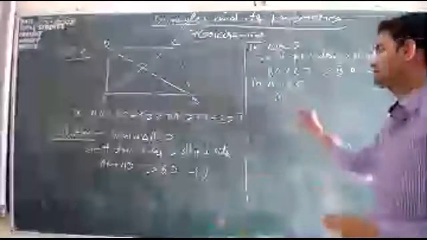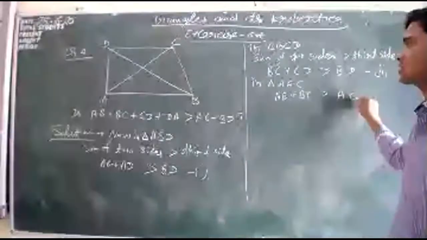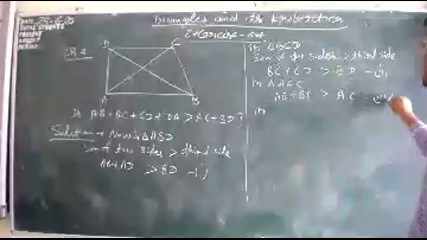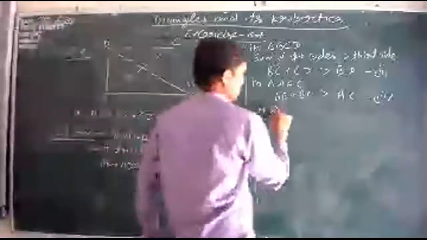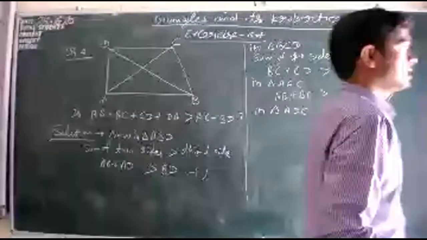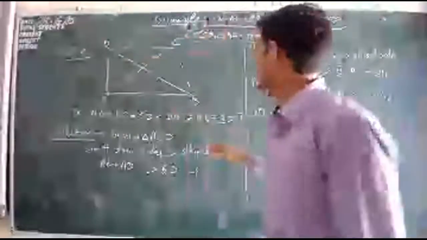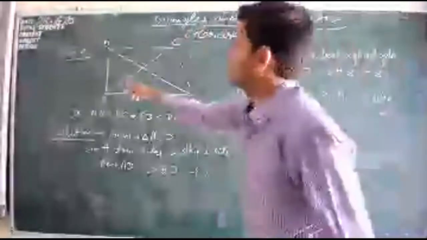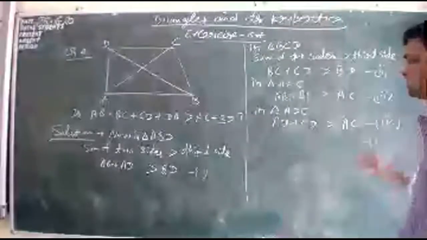That is the third inequality. And the fourth triangle is ADC. In triangle ADC, the sum of two sides AD plus CD should be greater than the third side AC. That's your fourth inequality.